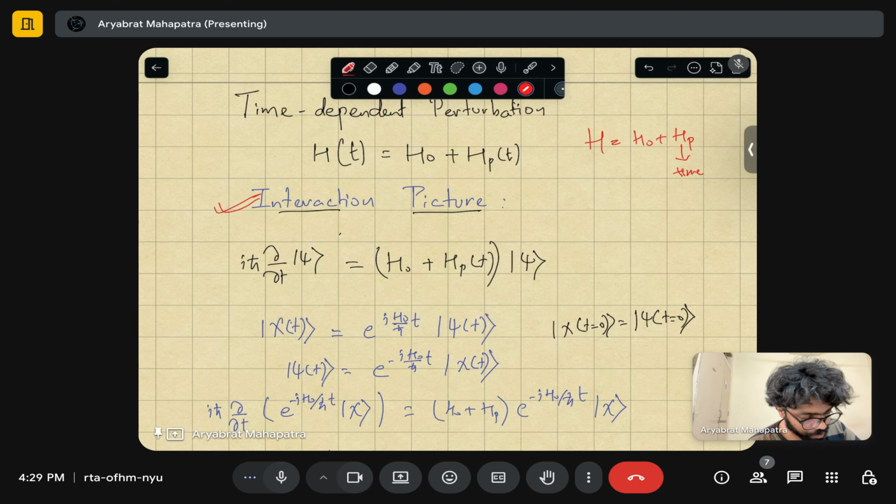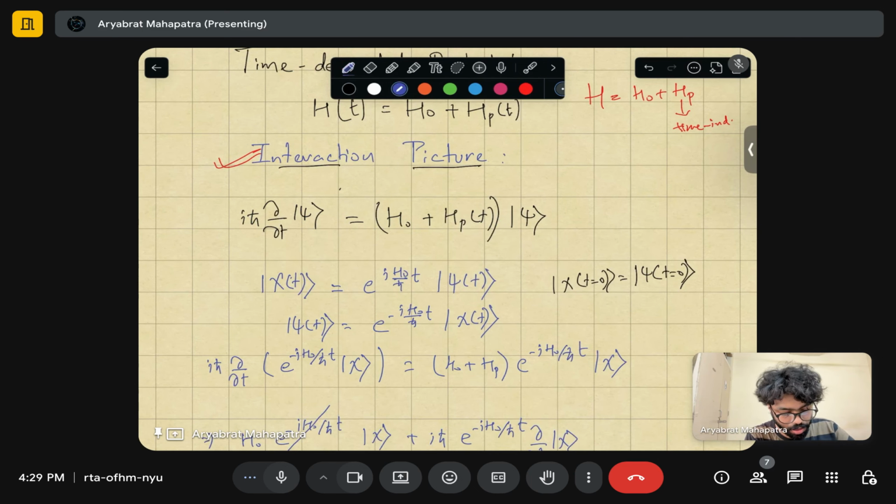For a time independent Hamiltonian, you can solve your system using the Schrodinger equation, whose solution is psi of t equals exponential of minus i H naught t times psi at 0.